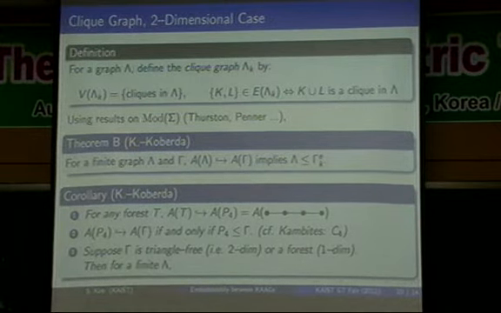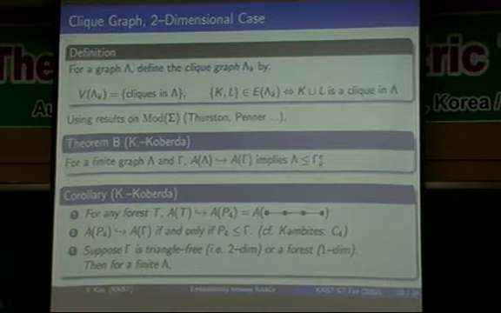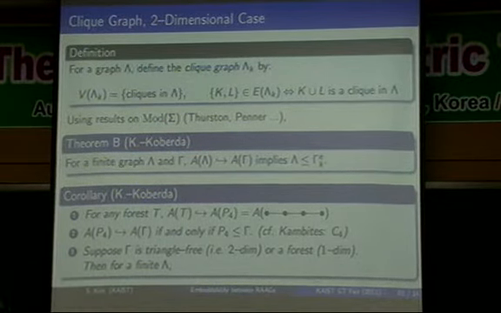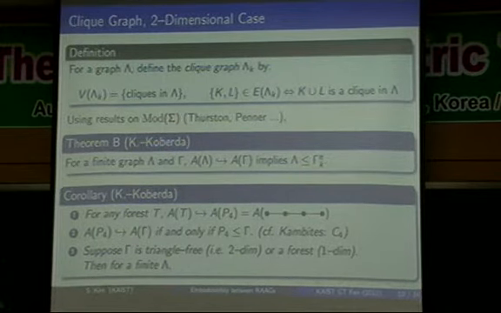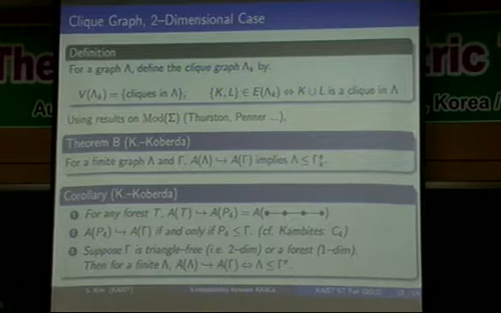In the triangle-free case, there are not many cliques. That's the definition of triangle-free. So in the triangle-free case or forest case, Theorem A was if and only if: lambda embeds in gamma if and only if lambda is a subgraph of gamma extension.